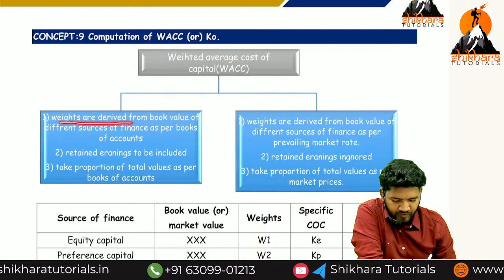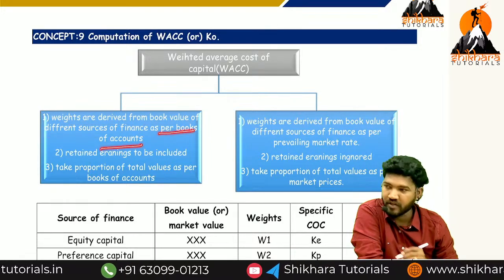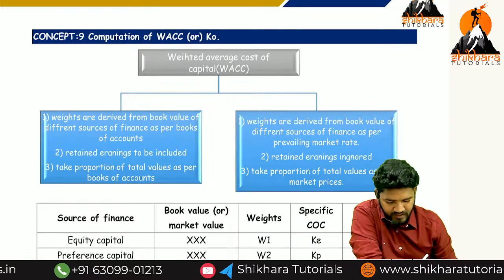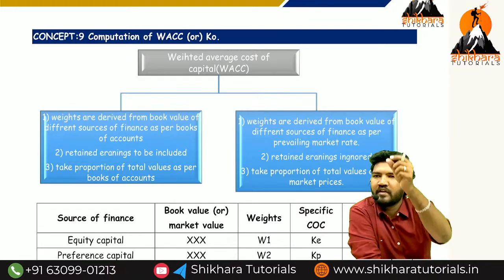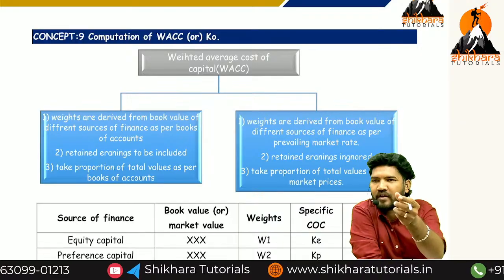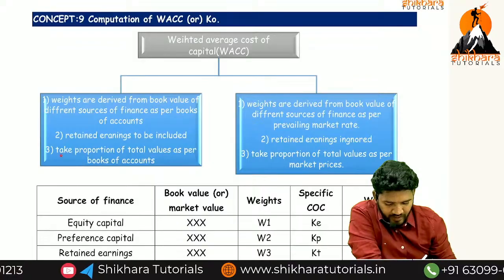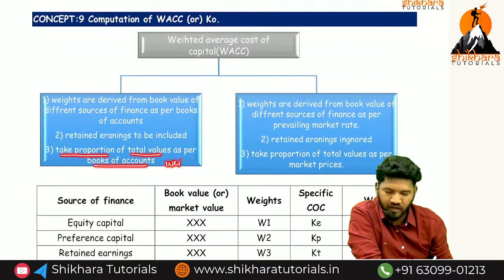Weights are derived from book value of the different sources of finance as per book values of accounts. Do you agree with this point? That is nothing but the book value point of view. Next, retained earnings to be included. That means you can show equity share capital amount as per book value, retained earnings amount as per book value. There is no concept of split as per book value. Yes or no? Okay, then fine. Take a proportion of total values as per book value of accounts. You will get weights. Do you agree?